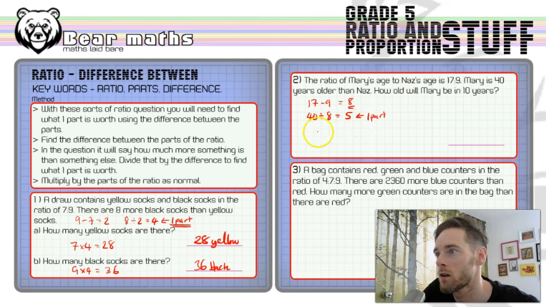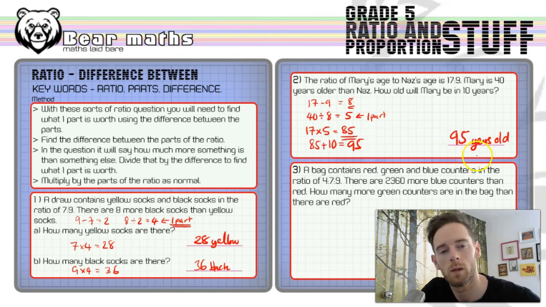Okay, so 17 times 5 is what Mary currently is in terms of age, which is 85. 5 times 10 and 5 times 7, add them together, 85 years old. All right, and then how old will Mary be in 10 years? So 85 plus 10 equals 95. 95 years old. Years young, maybe, would be a nicer way to put it.